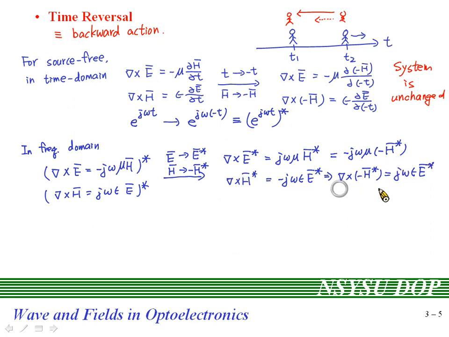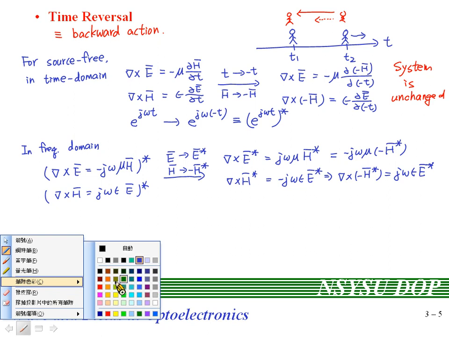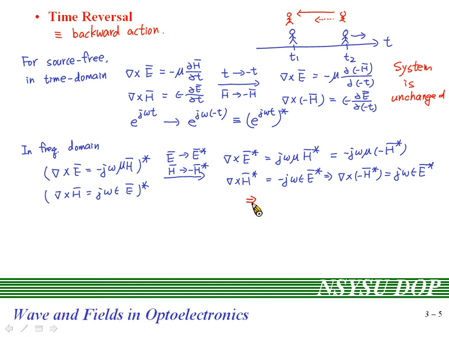These two equations tell us that for the original equations, if you replace the E field by E conjugate and the H field by minus H conjugate, the whole equation is the same. The whole mathematical form of this system is the same. So this also tells us that the system is unchanged.